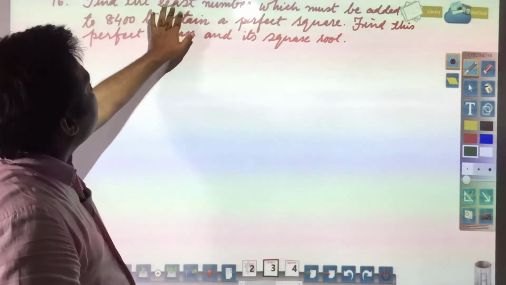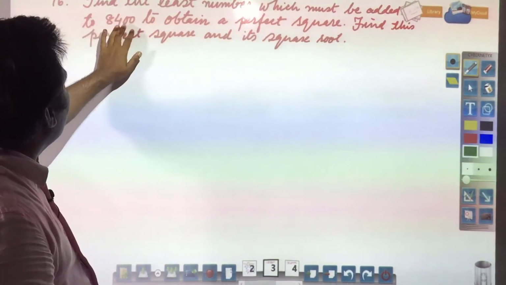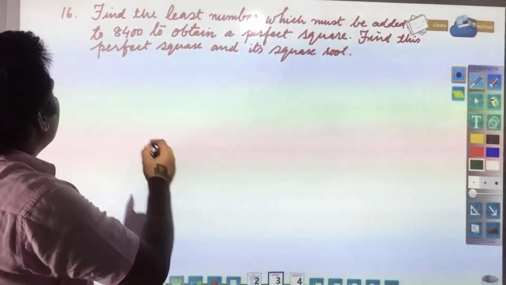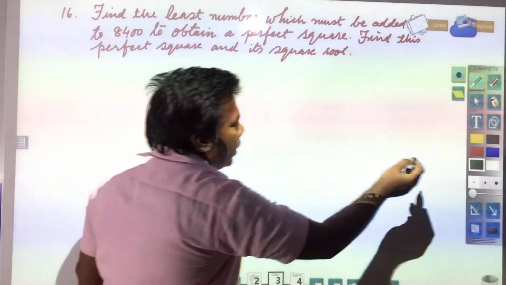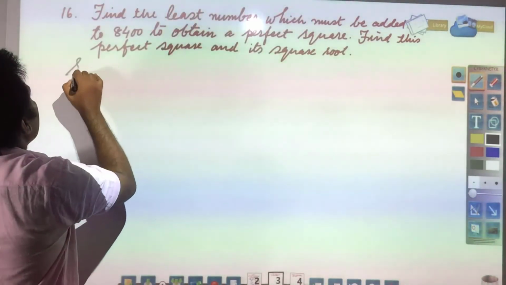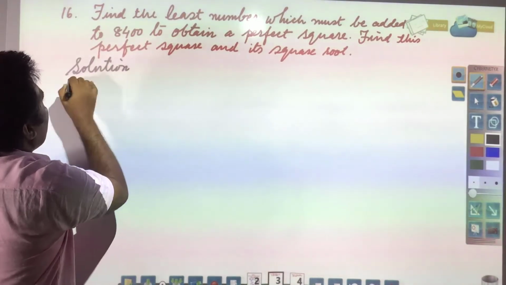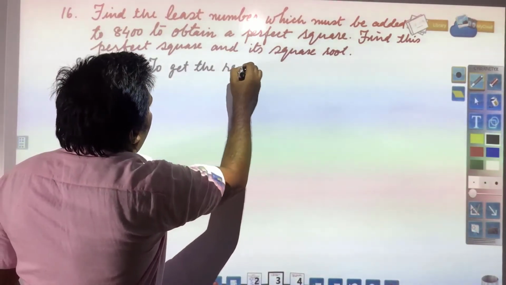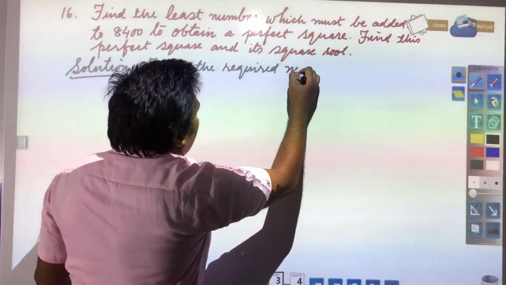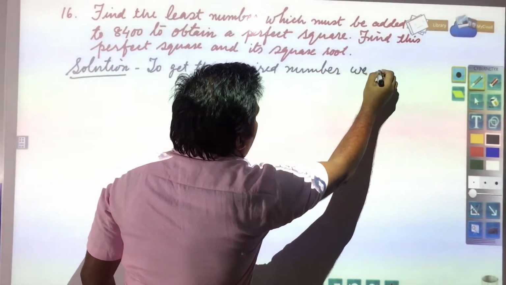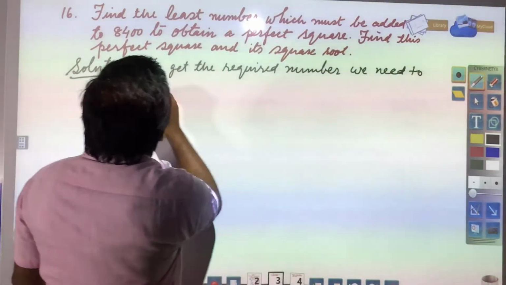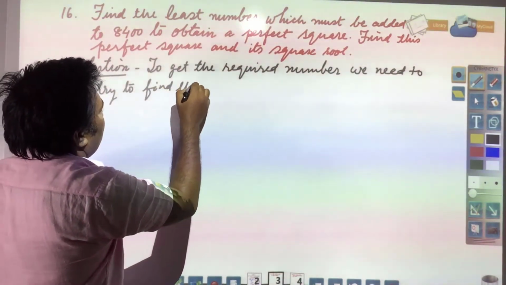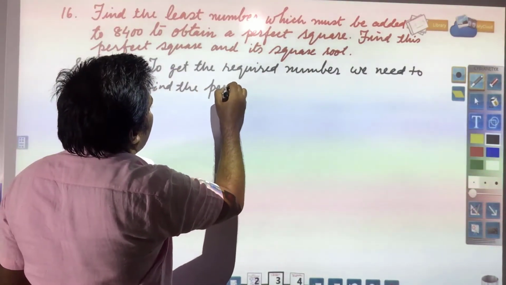here you have to find the least number which must be added to 8400 to obtain a perfect square. Find this perfect square and its square root. Similar question is there. So here you see, again we will write, to get the required number, we need to try to find the perfect square.